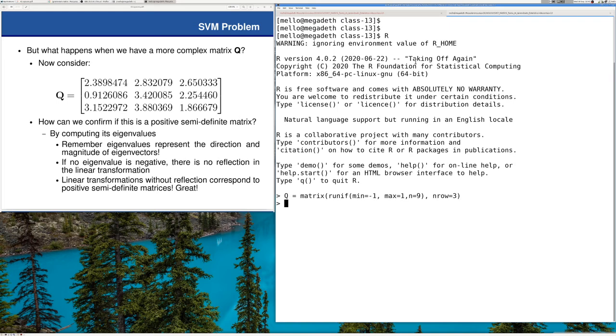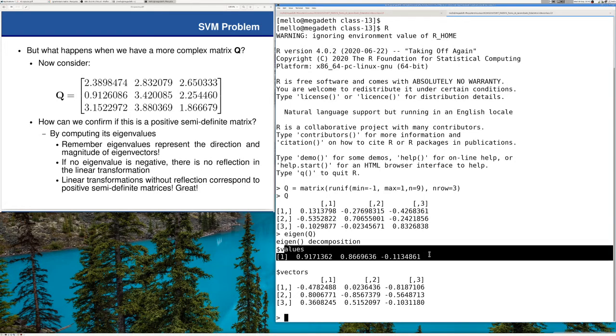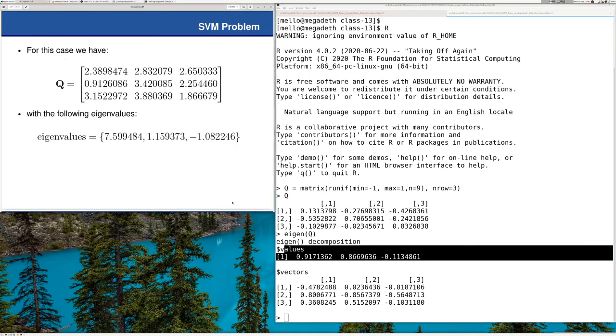That's going to be my Q matrix. Take a look. What happens when I compute eigen for my matrix? Take a look. One of my eigenvalues is negative. Is this a positive semi-definite matrix? No, it's not. Just for the purpose of illustration.